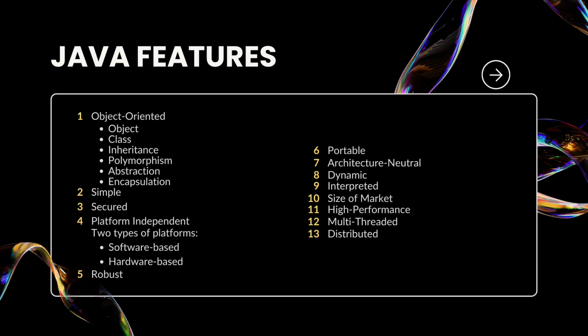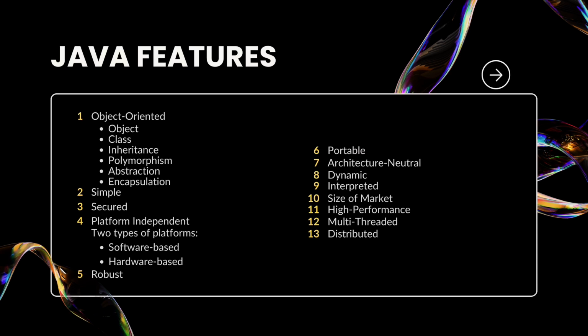Other features include being simple, secure, and platform independent. Platform independence means Java can run on any device with a Java virtual machine, whether it's software-based or hardware-based. It's also robust, portable, and architecture neutral, ensuring reliability across systems.